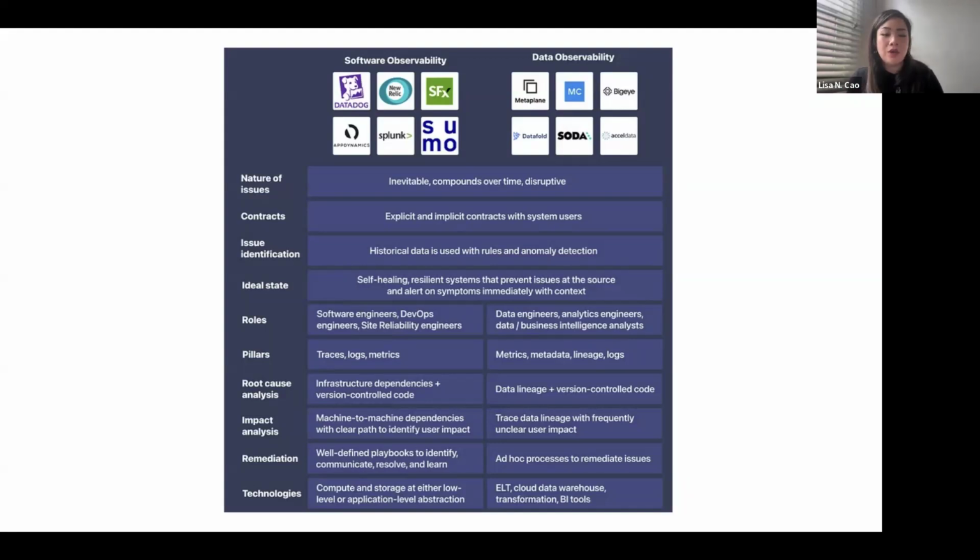So you're going to have to do a lot more manual work to piece together the root cause analysis versus a traditional software logging tool. And generally speaking, you're also going to have to think about where and how your technologies are stored, where you're going to store this information, and where it's relevant, in terms of what's appropriate.